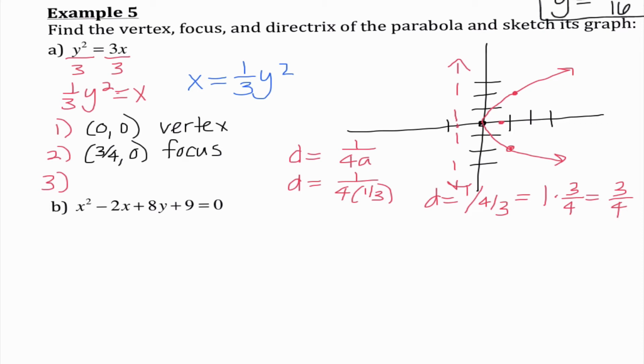So our directrix here would be x equals -3/4. And that is the equation of our directrix. These are really the two new things that we're learning. Everything else you have done before. Focus is always inside the parabola, directrix is always outside the parabola. Notice they are equidistant from the vertex.